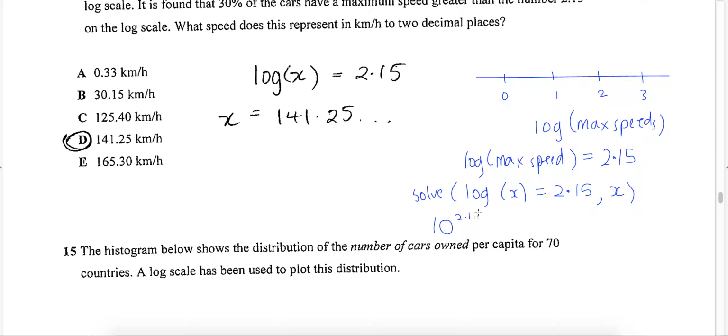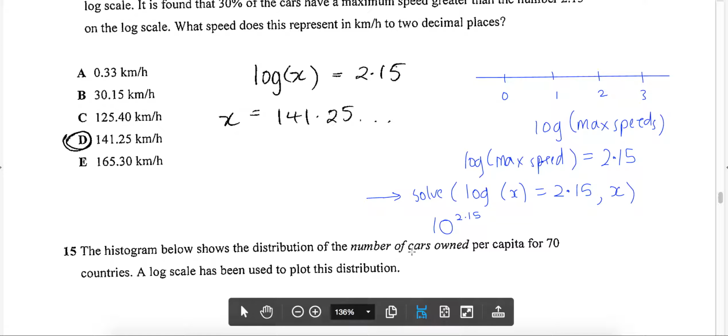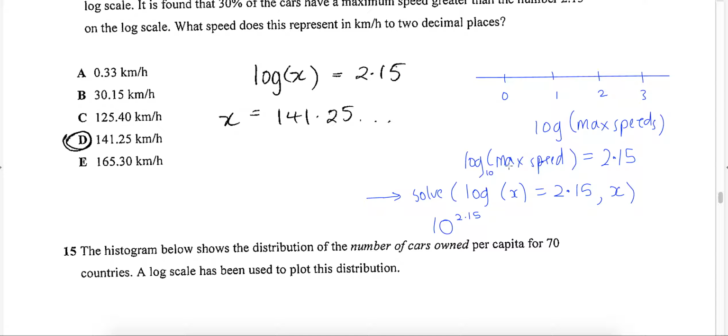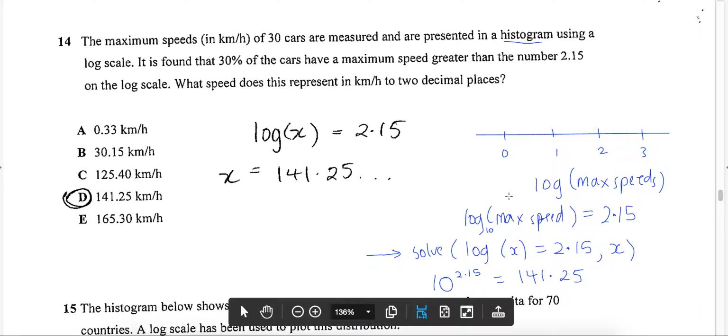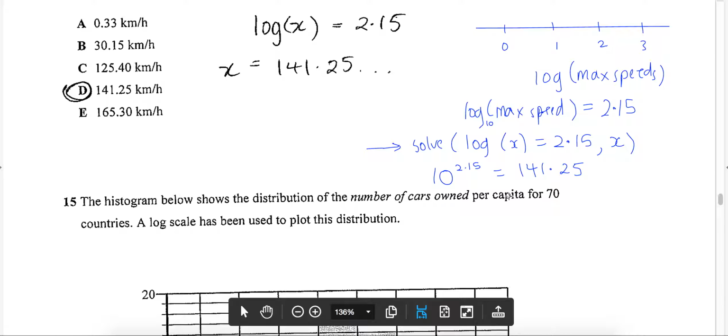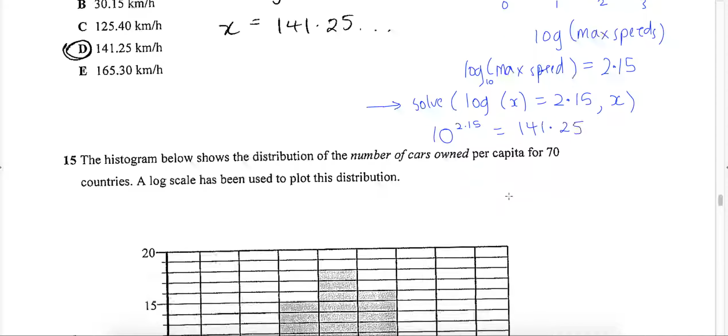And I probably just confused even further. So if you don't like what I'm doing here, just use solve for me because there's nothing wrong with doing it that way. So if I've got log 10, what this is saying is 10 to the power of this number will give me the maximum speed. And you'll get 141.25. I'm going to do this way again when I do number 16, so I'll come back to that in a second.